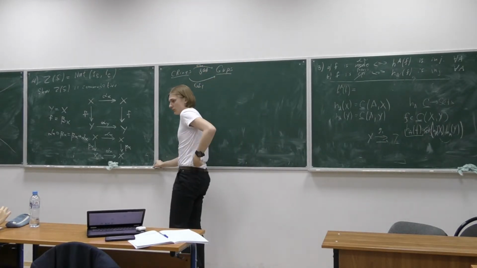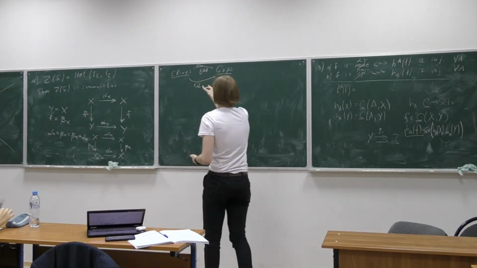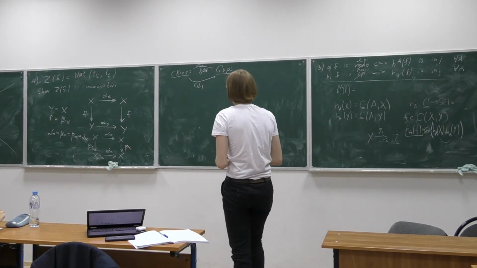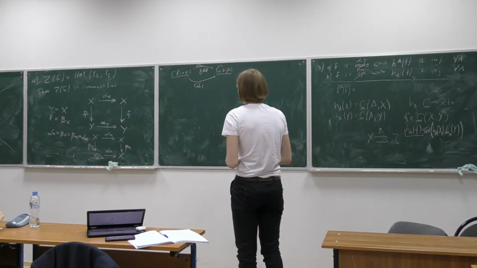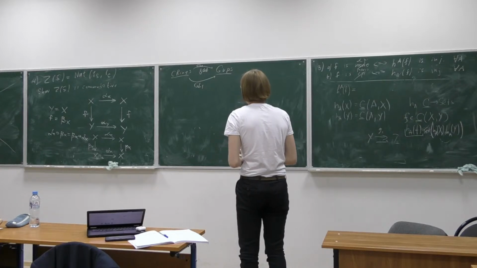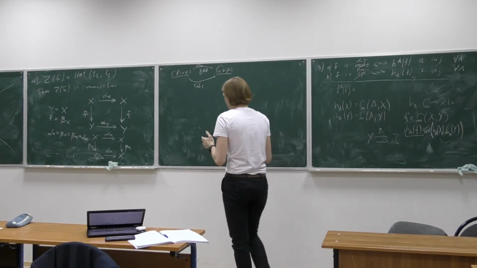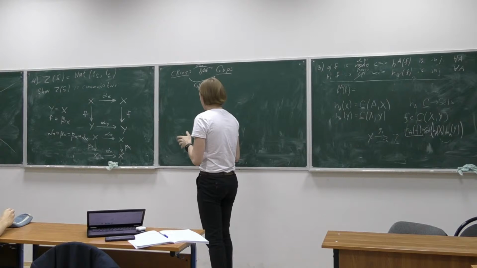Well, what we want to check is that that is indeed the natural transformation. And the point to make here is that that's basically the thing that we did in the first year.